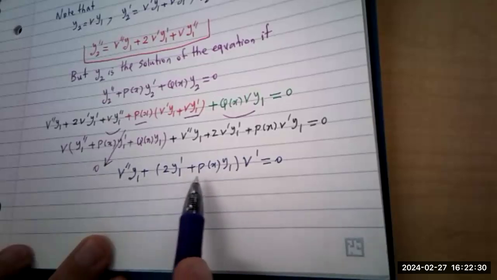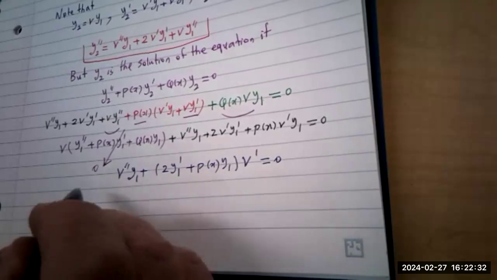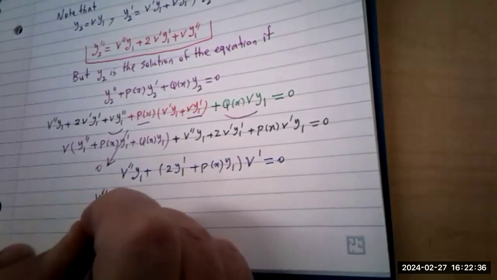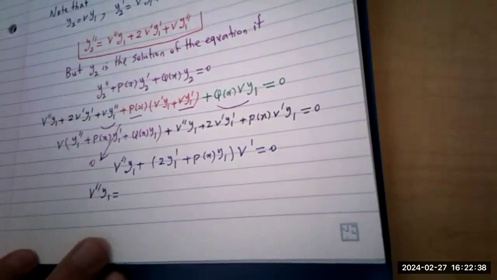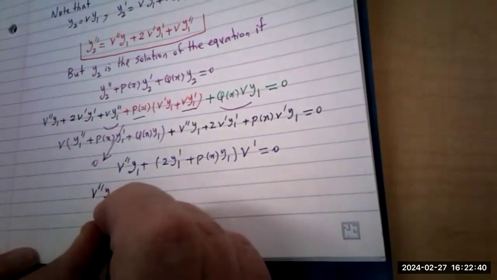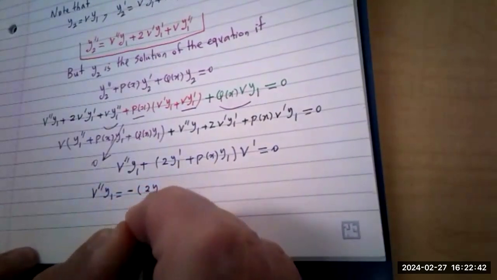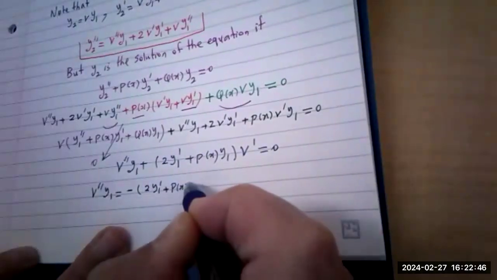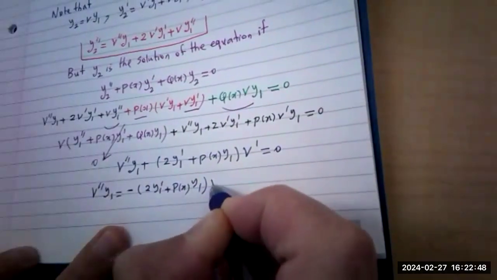There is no constant there. So I'm going to move one of them to the other side, and move the other one to the other side. That gives you 2y1 prime plus p(x) y1, times v prime.